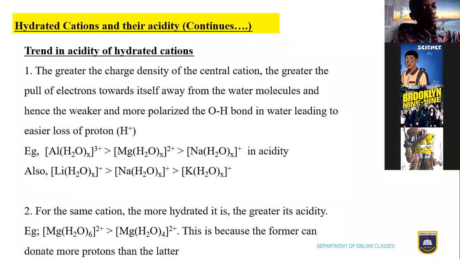The charge is +2. And the third one, Be, that's beryllium, (H2O) subscript 4. That one too, the charge is +2. Now analyze the three of them carefully and arrange them in increasing order of Bronsted-Lowry acid strength, and give reasons for your order.